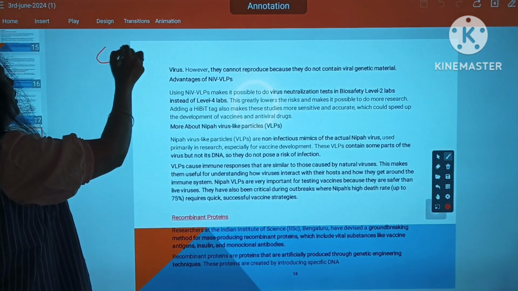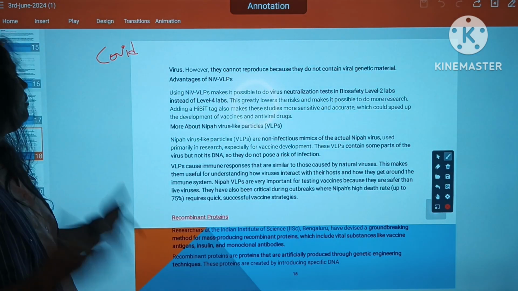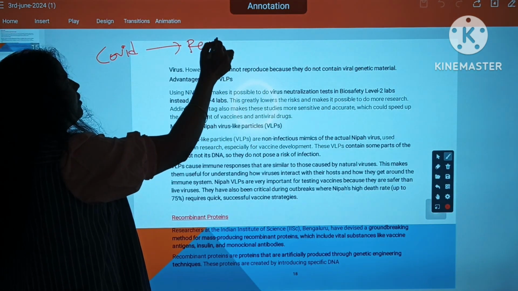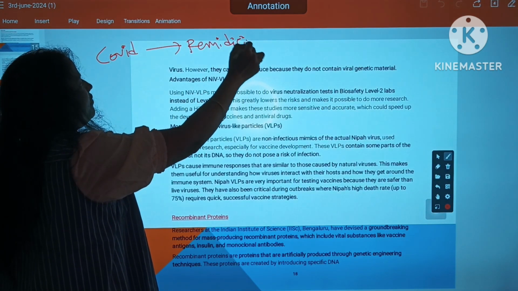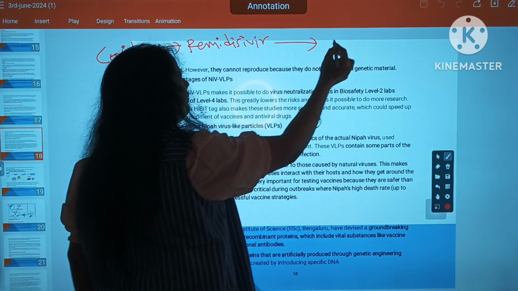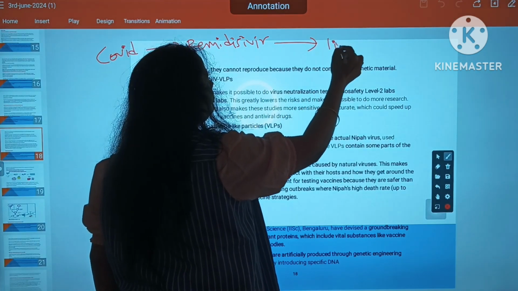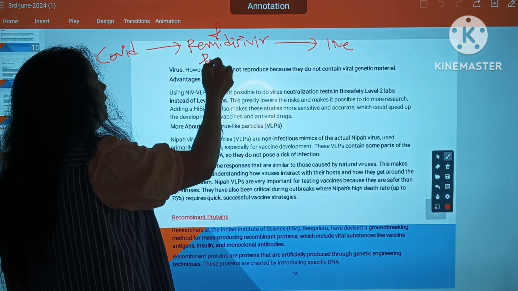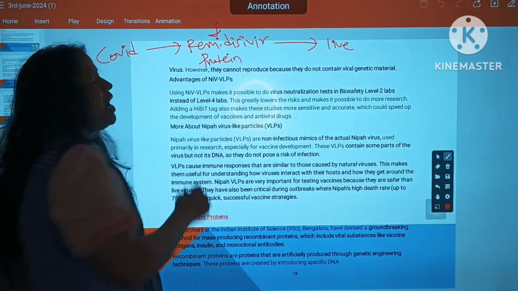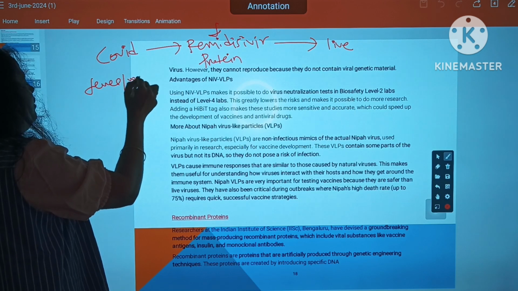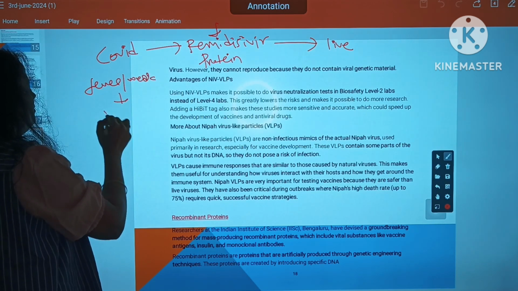Suppose you got COVID, I got COVID, any person got COVID, then he will be given a remdesivir vaccine. What happens? Automatically after some days he will recover. So what is there in the vaccine? There is protein, like an energy pill. Suppose we got fever, weakness. What will we do? We will eat a B complex.